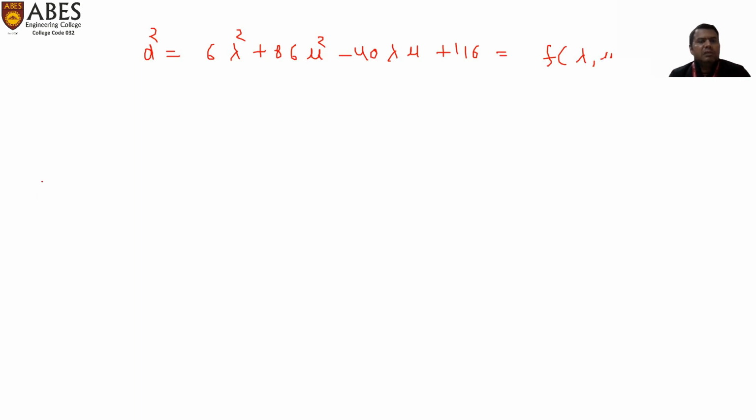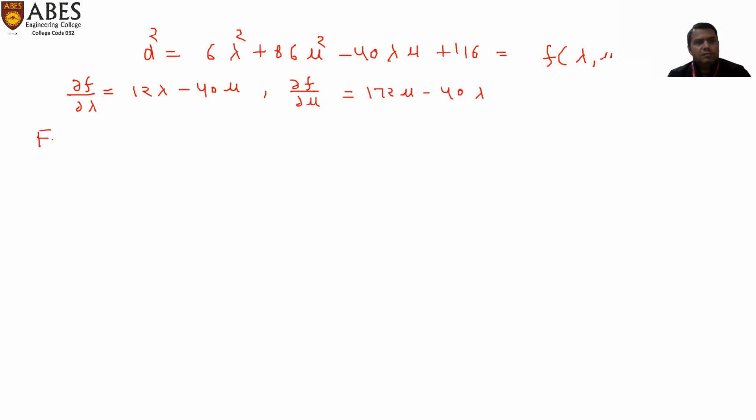Now, for maxima, minima, or stationary point, we find the first order partial derivatives. del f over del lambda is 12 lambda minus 40 mu; we differentiate f with respect to lambda. And del f over del mu is 172 mu minus 40 lambda.